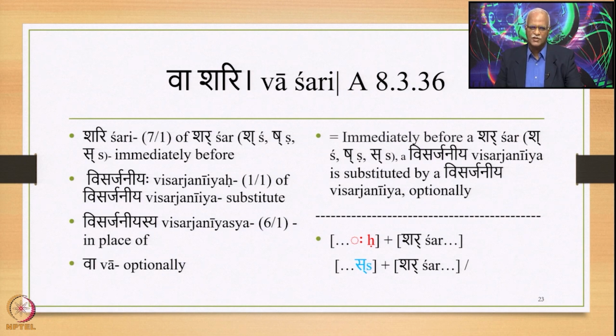Va means optionally. So the meaning of the sutra is immediately before a shar, a Visarjaniya is substituted by a Visarjaniya optionally. So if we have a Visarjaniya or a Visarga followed by shar, the output generated is sa followed by shar optionally. So you can also have Visarjaniya plus shar as an optional output.